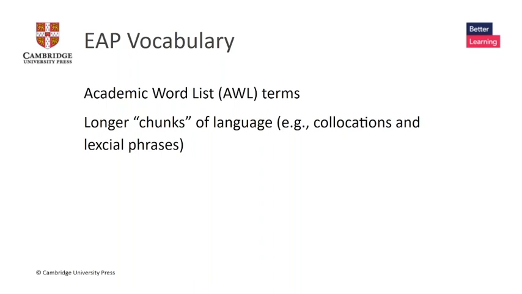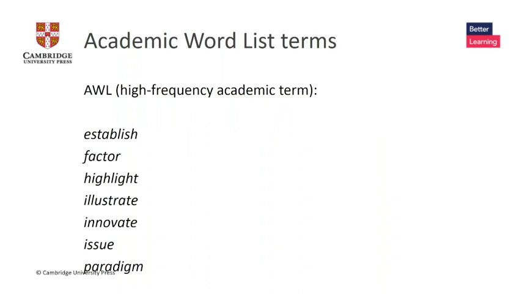But we also focus on longer chunks of language, moving away from teaching just the individual term and teaching collocations and phrases. So let me give you some examples of these. But before I do that, here's my example of the academic word list terms. You can just take a look at this list: establish, factor, highlight, illustrate, and you can see how these words will help students develop an academic voice in writing.